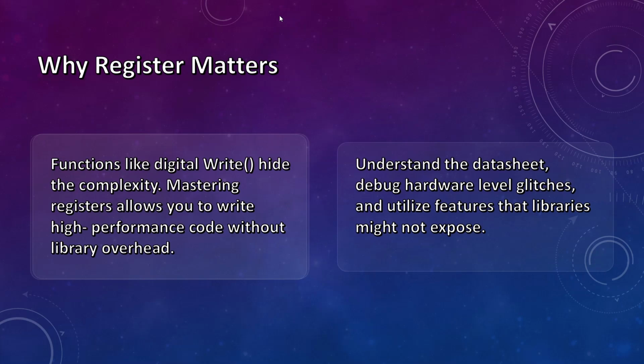Libraries make programming easier, but resistors are what actually control the hardware. This is why every embedded engineer must understand the resistors. If you can understand the resistors, you can read the data sheets more easily.